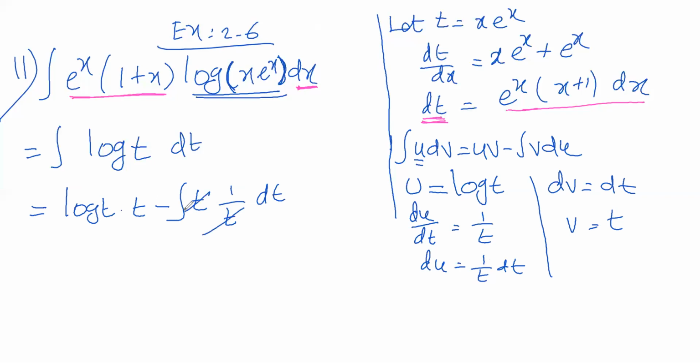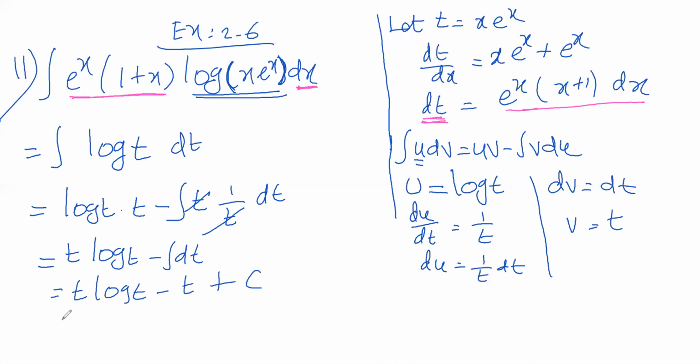V is t and du is 1 by t dt. Here t and t get cancelled. So t into log t minus integral dt, and the integral of dt is t. Integration over, so we write plus c. Now taking t common outside, t into log t minus 1 plus c, where t is x e power x.